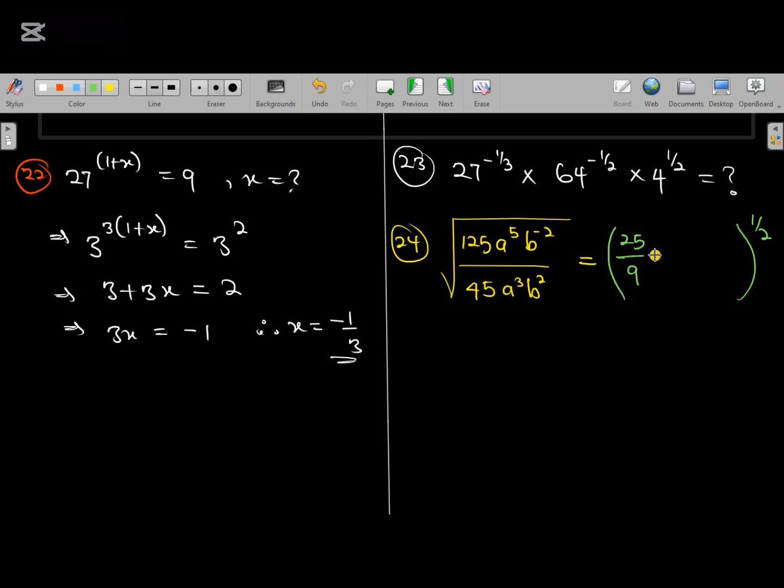Okay, let's use multiplication, and then we go to A. A is going to be A to the power of 5 minus 3, which will be 2. Then we multiply again by B. So B will be to the power of minus 2 minus 2 again, and that will give us minus 4.